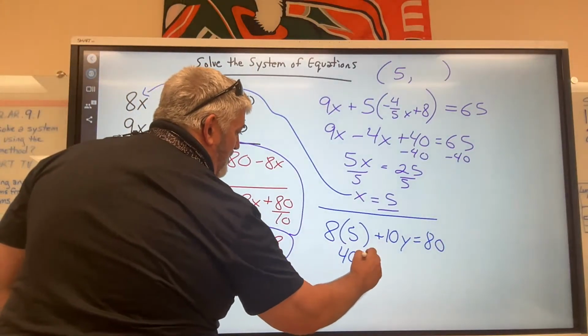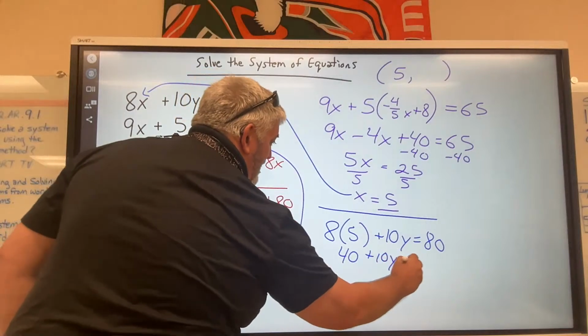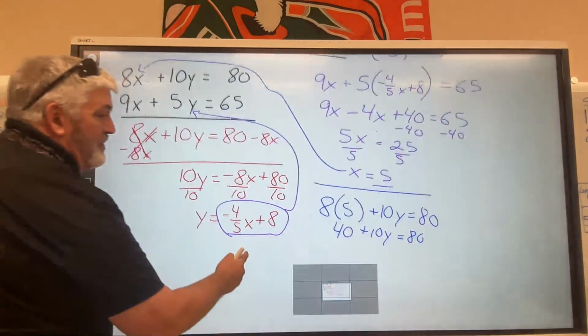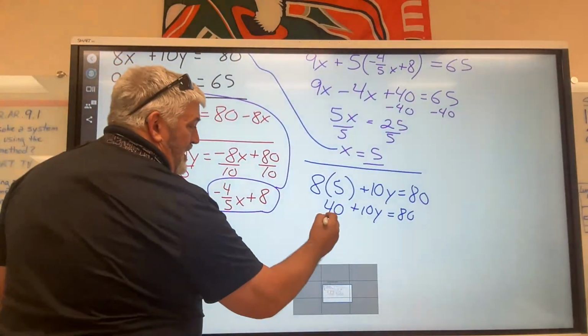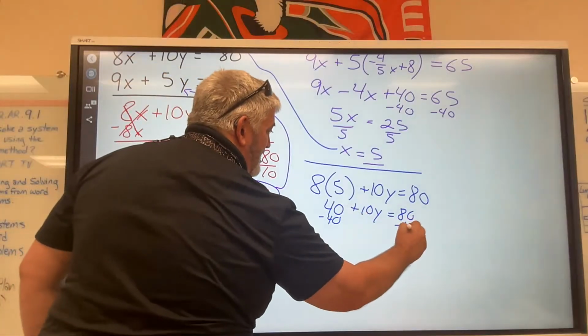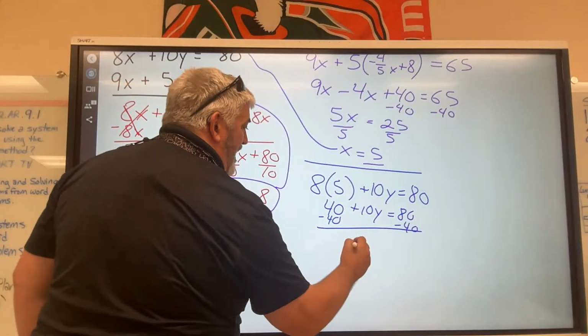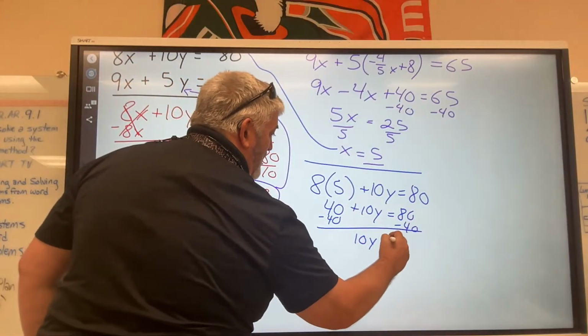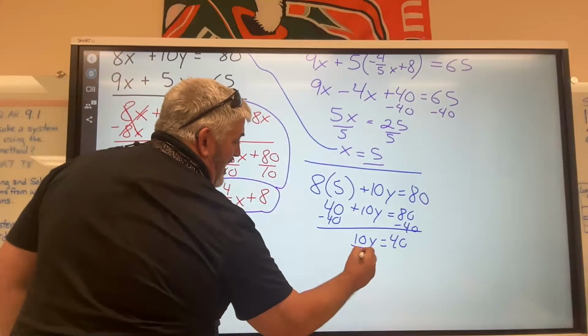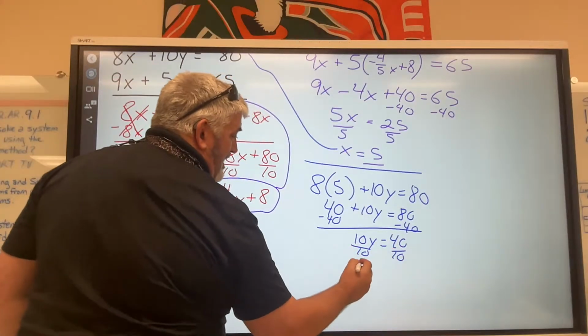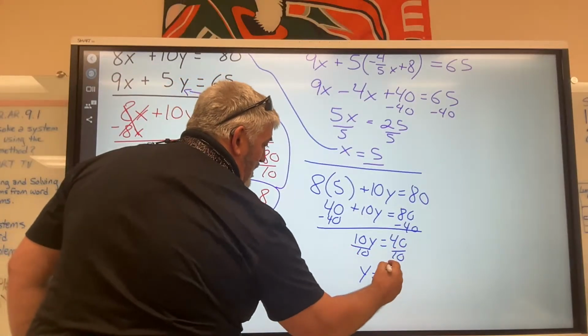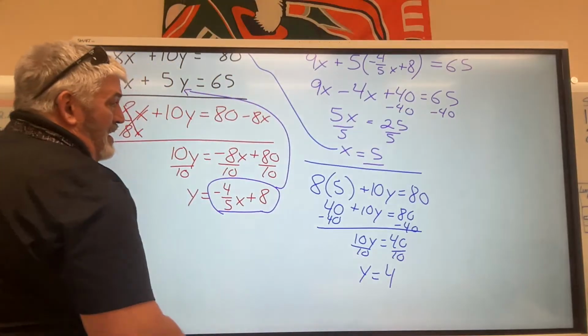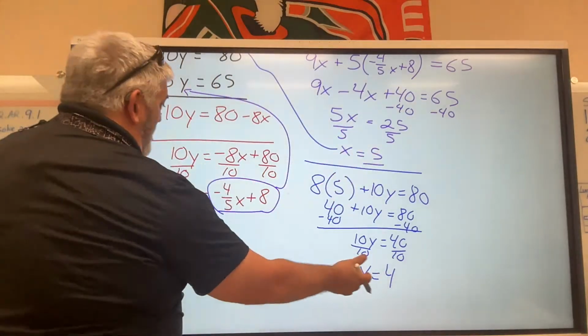I'll have 40 plus 10y equals 80. If I subtract 40 from both sides, I have 10y equals 40. If I divide by 10, y will equal 4. So I have x equals 5, y equals 4.